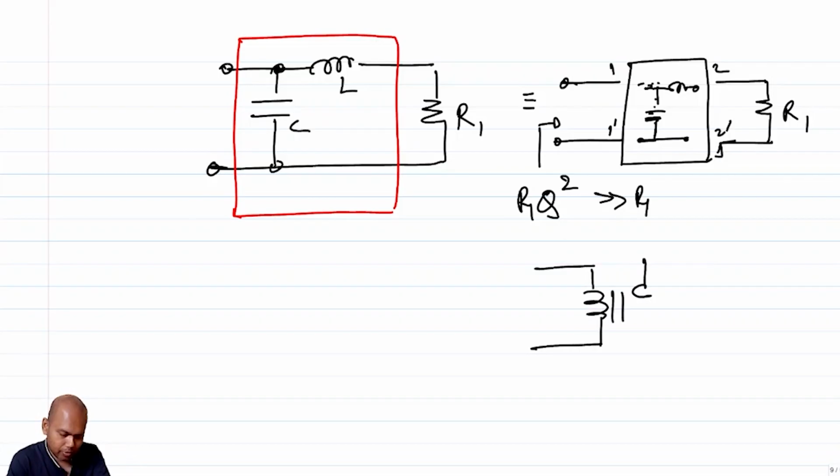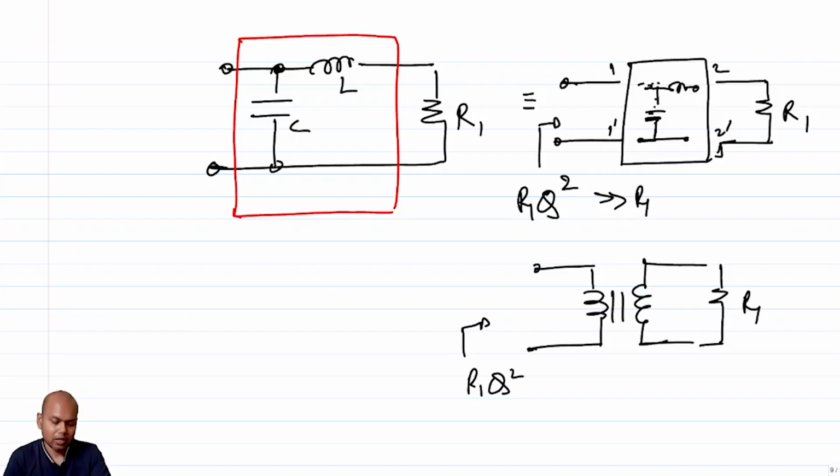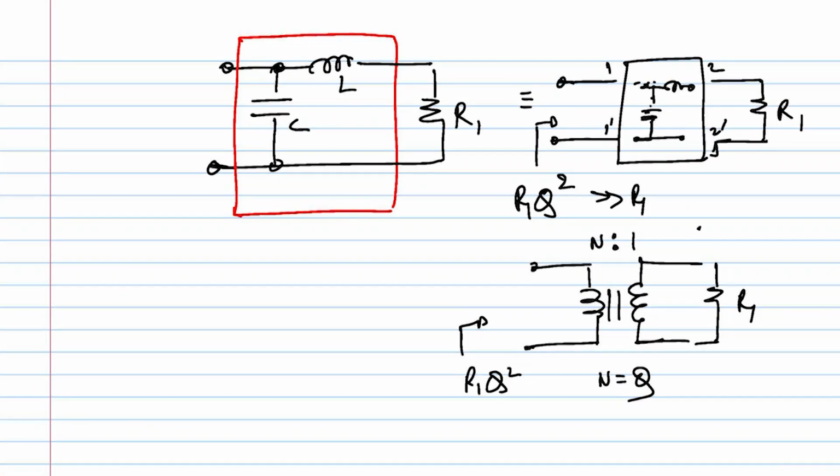an ideal transformer, which has transformed the impedance from R1 to a value R1 times Q squared. Which means that it is an n is to 1 transformer where n is equal to Q, correct?